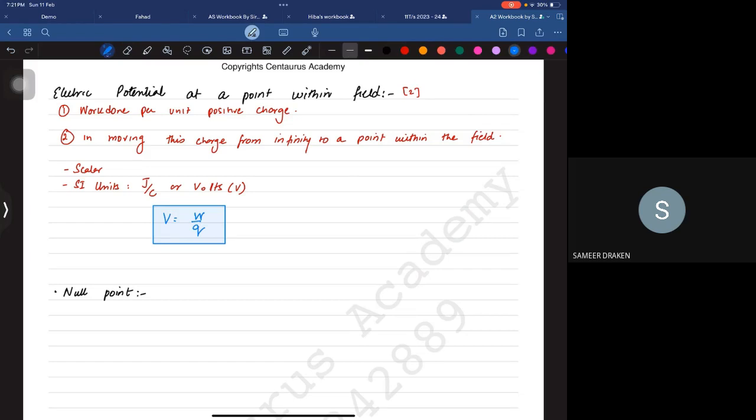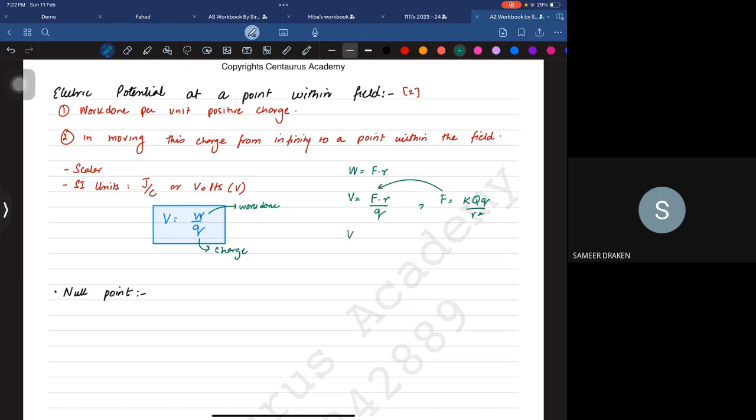As you can see, this is work done, and this is charge. Since we know that work done is force times distance, we can also say electric potential is force times distance divided by charge. Now we also know that F is equal to KQq over R squared, so we can put this F right here.